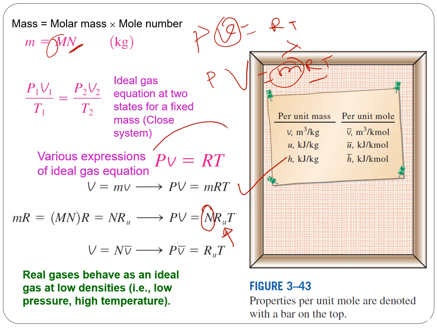So these are all the ideal gas equation in different forms. And sometimes if you see a bar on top of a variable, it is always in terms of molar mass. It could be kilomole. This v is per unit mass, and v bar is per unit molar mass, per kilomole. So you have to understand what that bar means in terms of the unit.